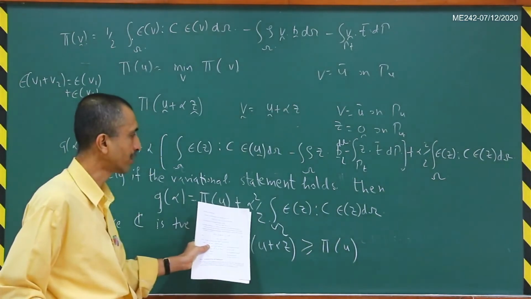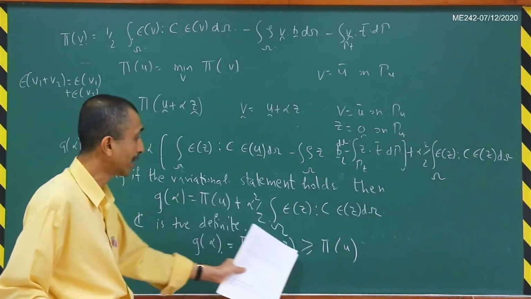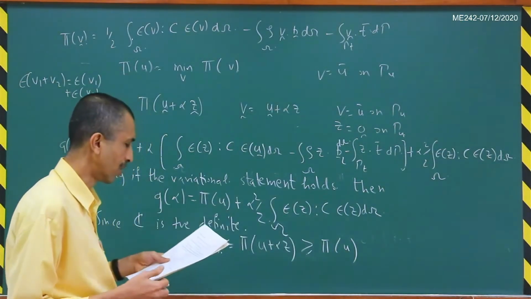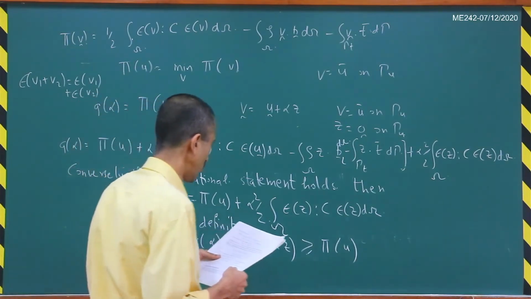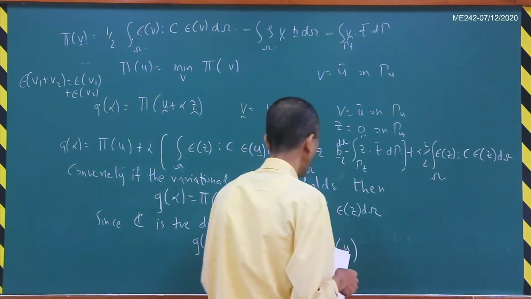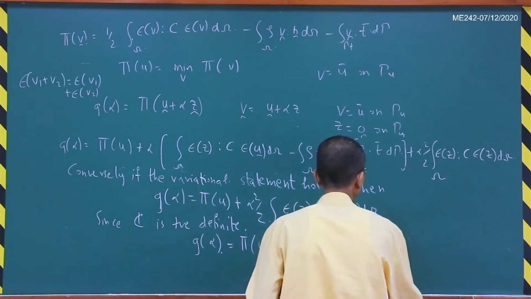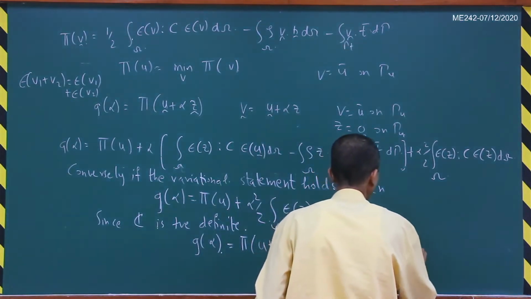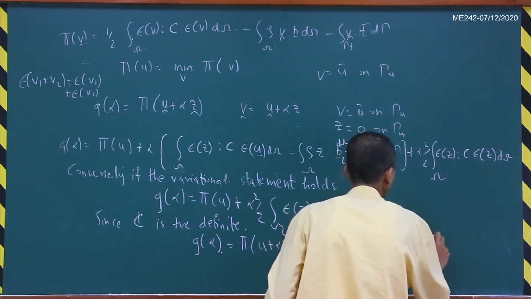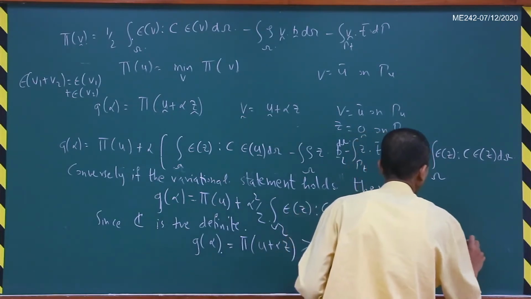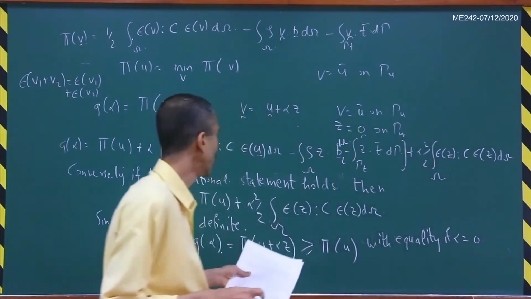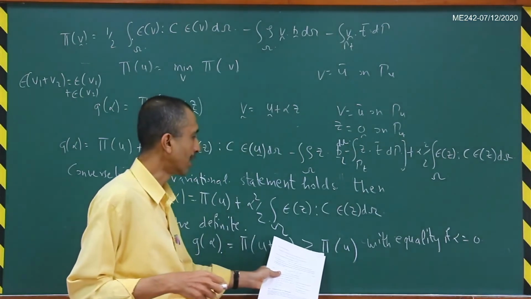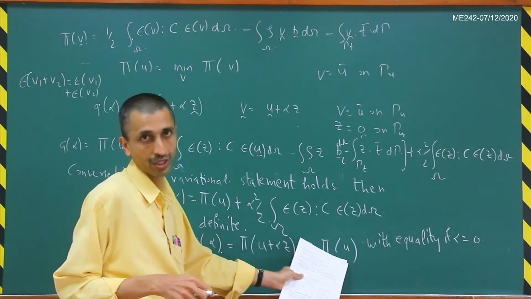When alpha is equal to 0, then it can be 0 and then you will get equality, right? So this is always greater than or equal to pi of u, with equality if alpha equal to 0. So you can see that basically the minimizer is the actual displacement u, correct?